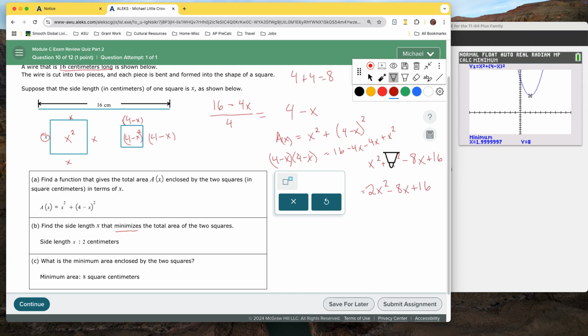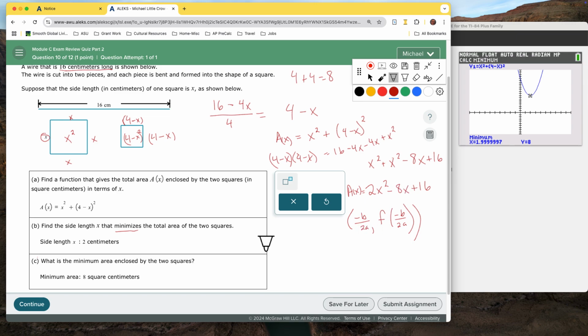And that is our function. We don't set it equal to 0 because we're not trying to find the x-intercepts. What we want to find is the vertex. So by hand, the way we find the vertex, again, is minus b over 2a, and then f of minus b over 2a. So we find the x-coordinate and then plug it back into the function.